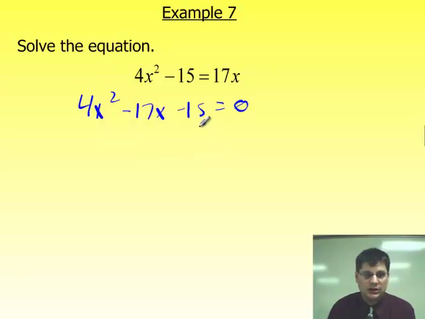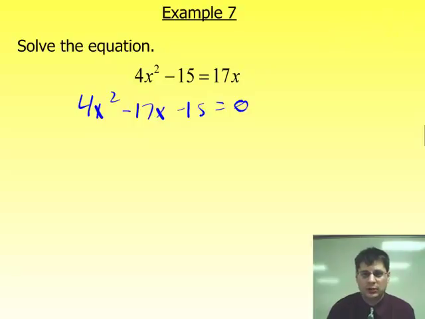And now I ask myself, okay, GCF. Is there a GCF I can factor out first? In this case, no, there's not. 17 is prime, so there's no way. Now I'm going to multiply a times c.